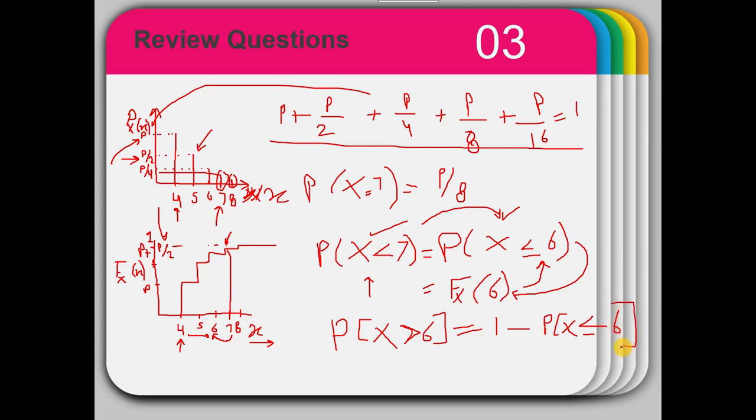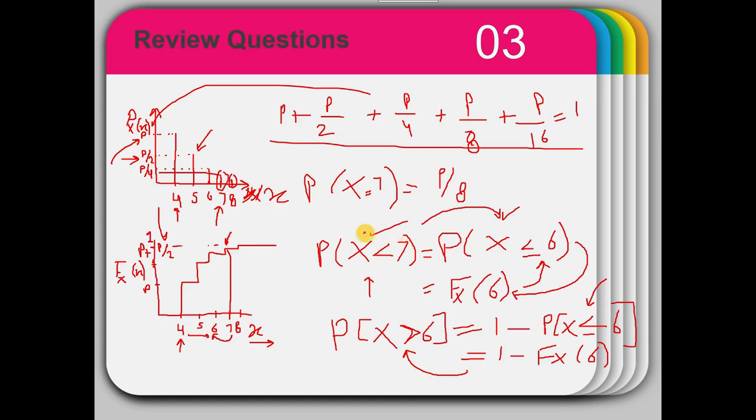Do you agree? Because the probability that x is greater than 6 is the same as finding the probability of x less than or equal to 6 and then subtracting the answer from 1. Since this value can be very easily found using the CDF as found in the previous equation, I do this again, and this value will return the probabilities of x before 6 including 6 using the CDF, and if I subtract this answer from 1, I will get this probability.